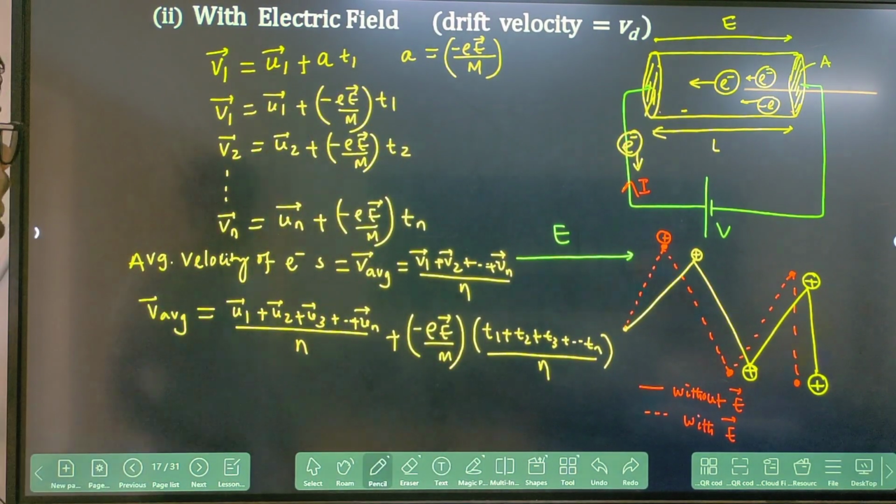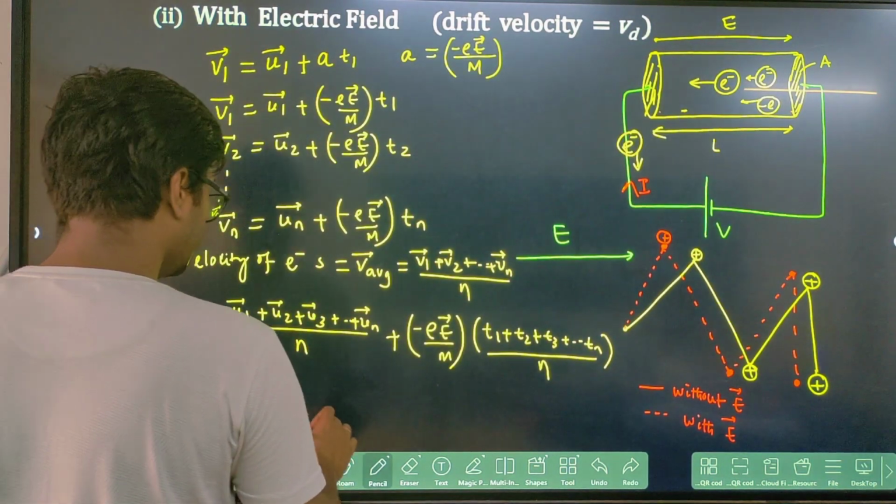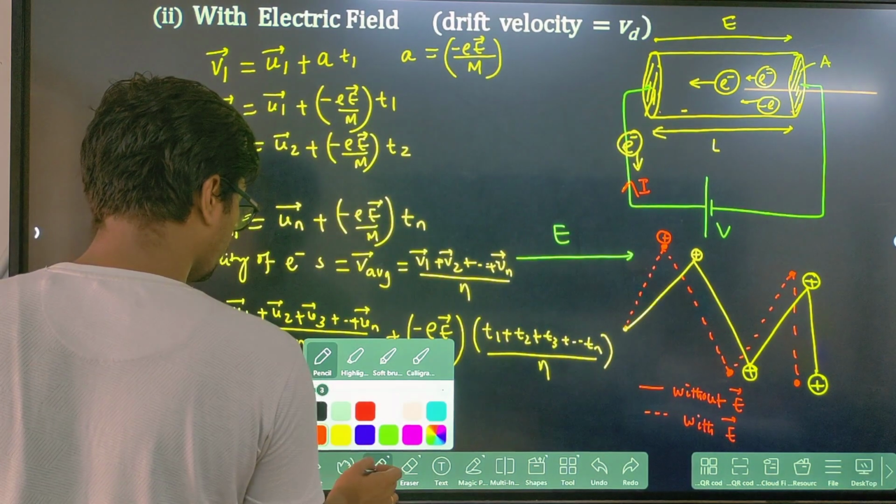This will be your average velocity. If you see here, the first term is going to be 0, right? This is going to be 0.